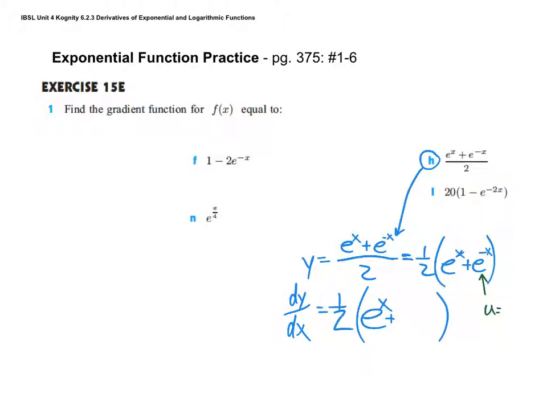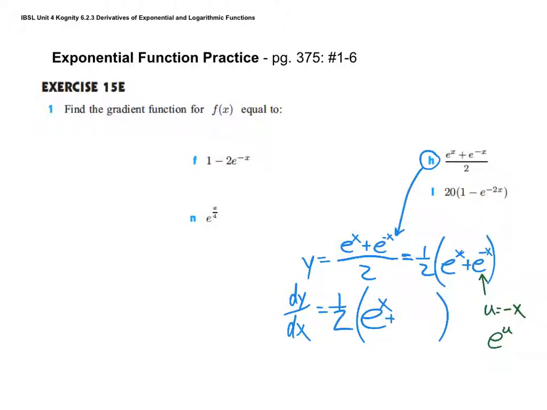Just for this little part at the end. E to the u is the outer function. E to a power. Right. Wait, so what's u? X? That's the x. Negative x.